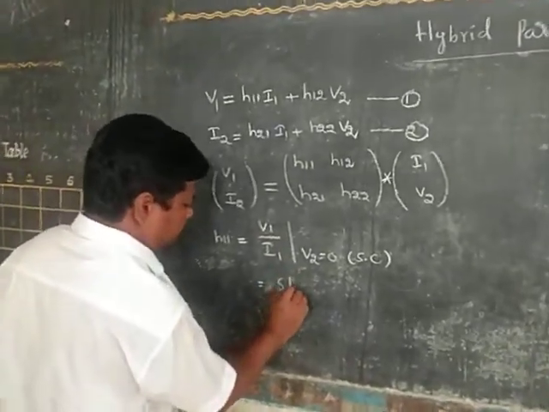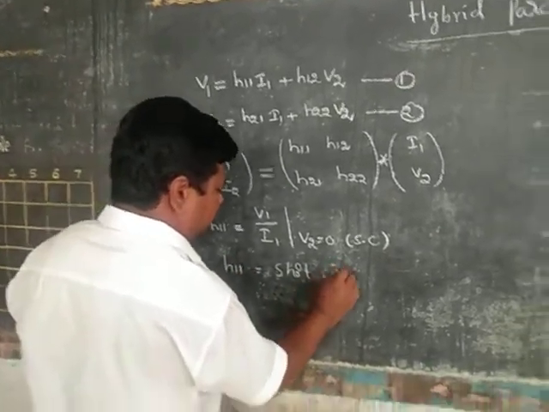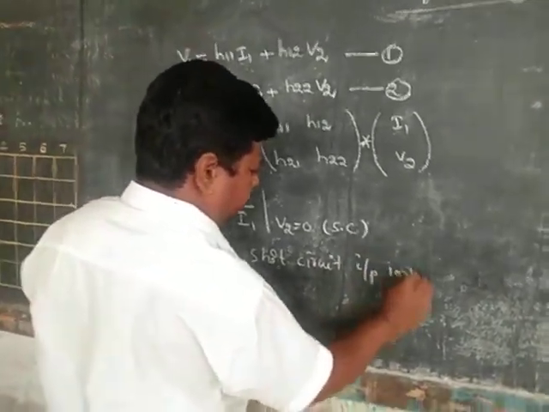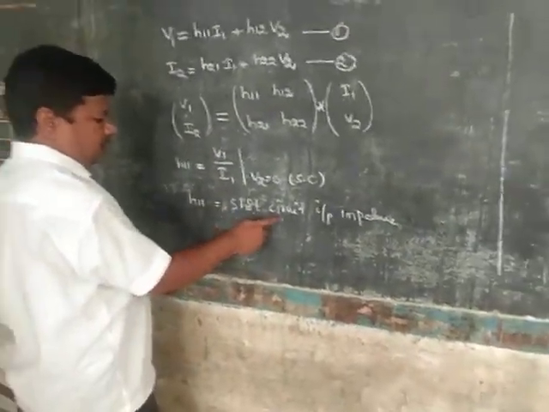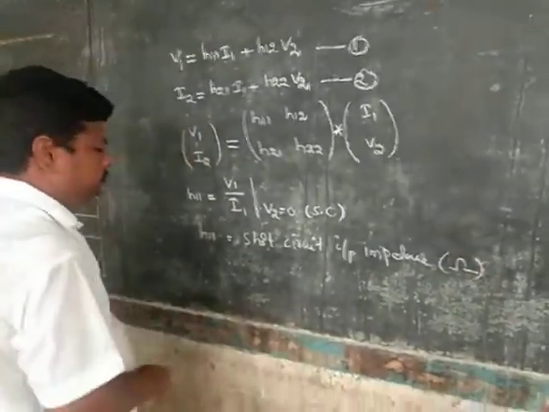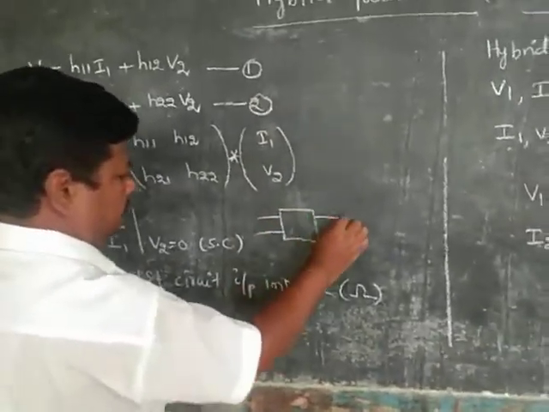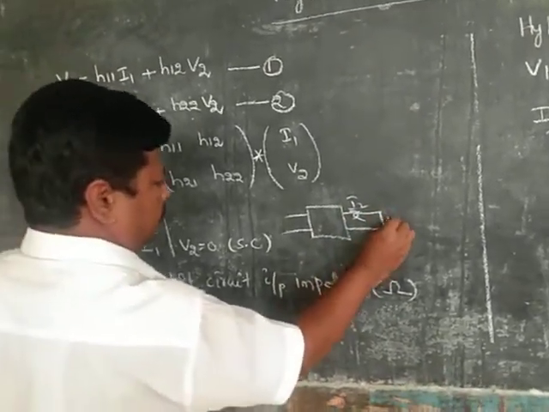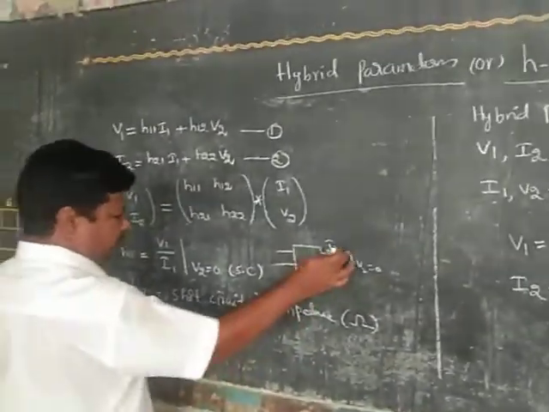So H11 is the short circuit input impedance, measured in ohms. In the two-port network with current I2, V2 equal to 0 means voltage 0, short circuit.